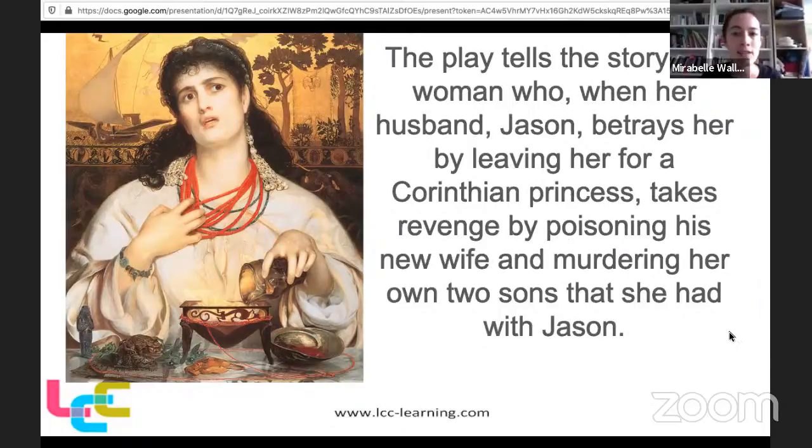And the play tells the story of a woman who, when her husband Jason betrays her by leaving her for a Corinthian princess, so Corinth is a neighboring Greek city-state, Medea takes revenge by poisoning his new wife and murdering her own 2 sons that she had with Jason.